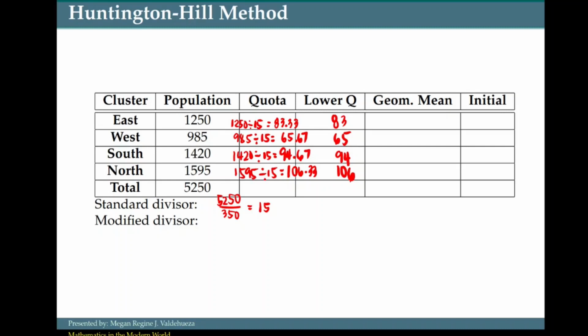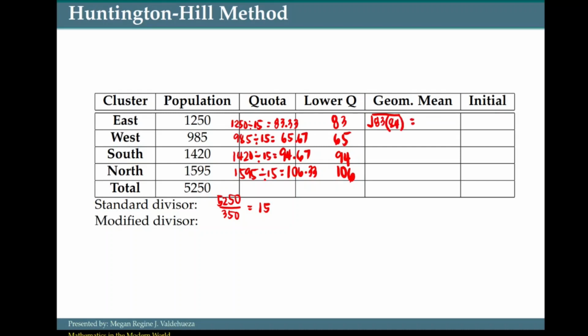Next step is we compute the geometric mean for each subgroup. So we have the square root of 83 times 83 plus 1, that is 84, and that is equal to 83.49.